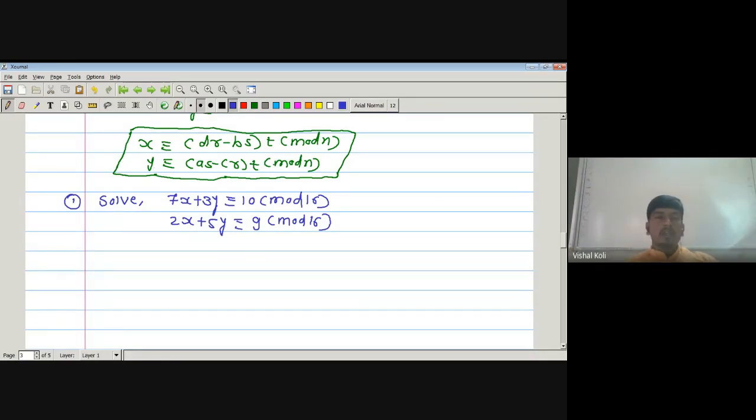Now we have to compare the given system of linear congruences with our ax plus by congruent to r modulo n and cx plus dy congruent to s modulo n.